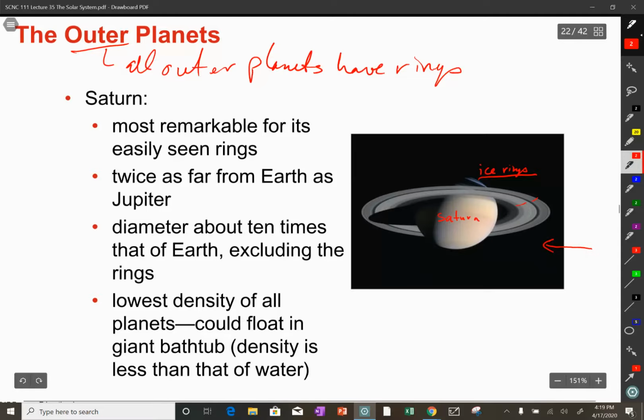And the tidal forces, that is the fact that the force on something close is stronger than the force on something far, if something comes closer than the Roche limit, the tidal forces will tear it apart. They will shred it. And so they believe that a comet came too close to Saturn and was shredded by Saturn's tidal forces, and then that comet went into orbit around Saturn, creating the rings.